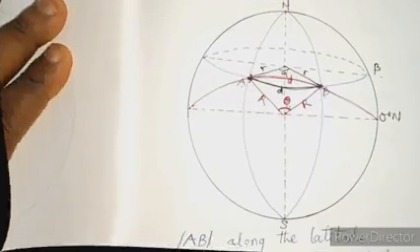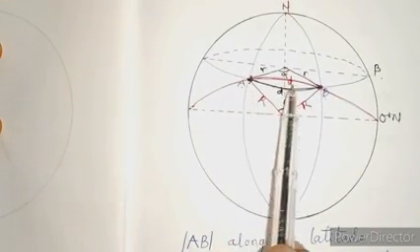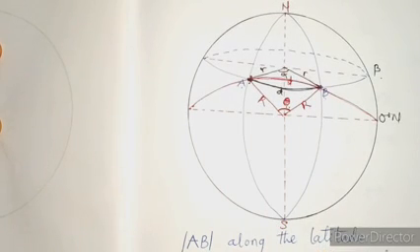There's one more thing I want you to note. When the 2 points are on the same latitude and you are asked to calculate the distance along the latitude, and the second question is saying calculate the distance along the great circle, the answer you get along the great circle will always be the shorter distance.